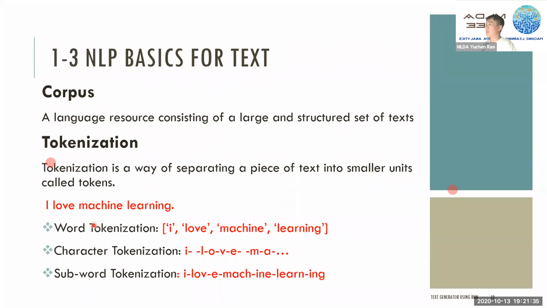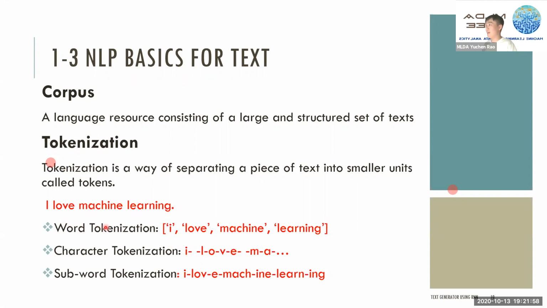For example, here: I love machine learning. We can either do it at word level, splitting into 4 words, or we can do character tokenization, just splitting every character. Notice that the space is also a character.